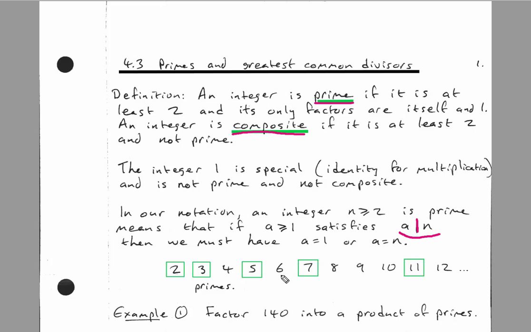It has factors besides 1 and 6, it has 2 and 3. 7 is prime, 8, 9, 10 are composite. 9's an odd number, but it's not prime. It has a factor of 3. 12, every even number except for 2 is composite.